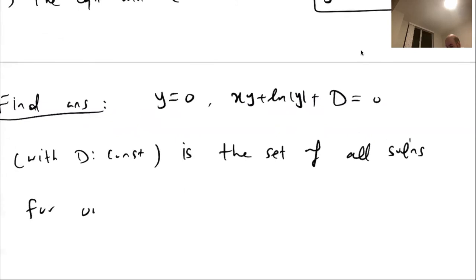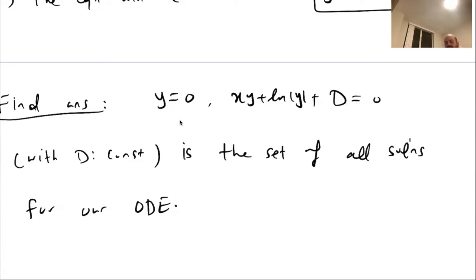for our ODE. See, our ODE here did not contain an initial value. So our final answer will not be just one function. It will be a set of solutions, basically infinitely many solutions with one constant involved in this type of solution, and y equals 0 had to be considered separately.